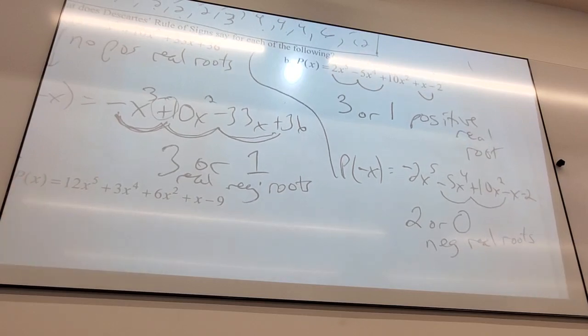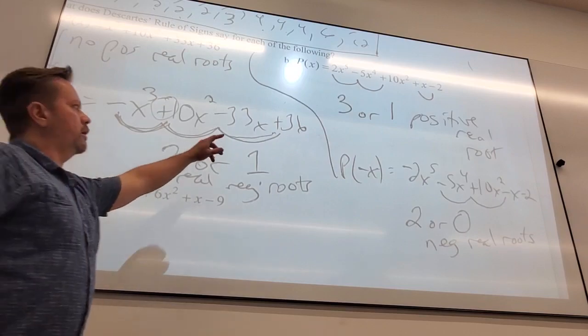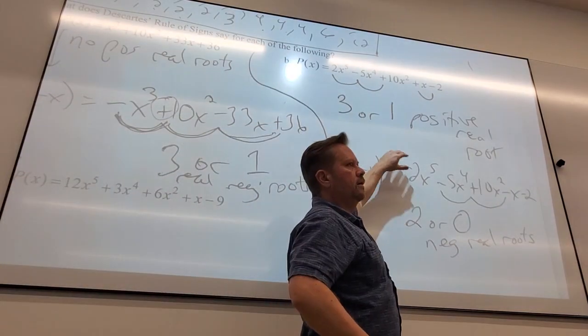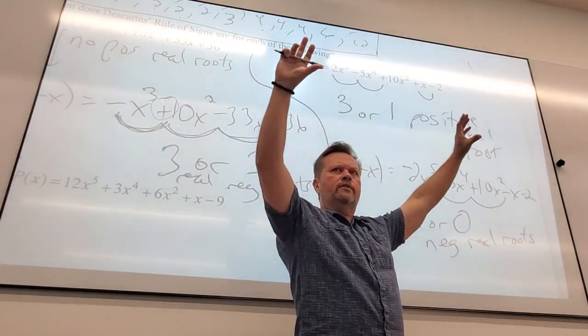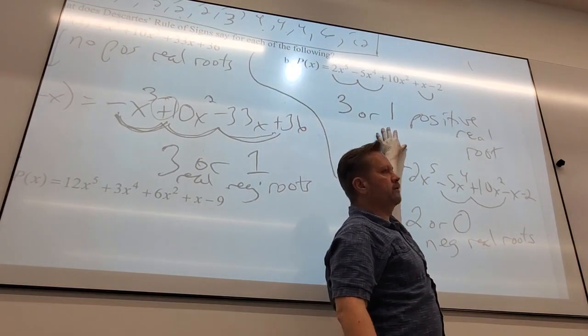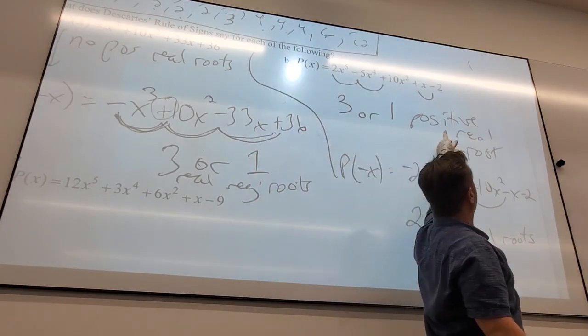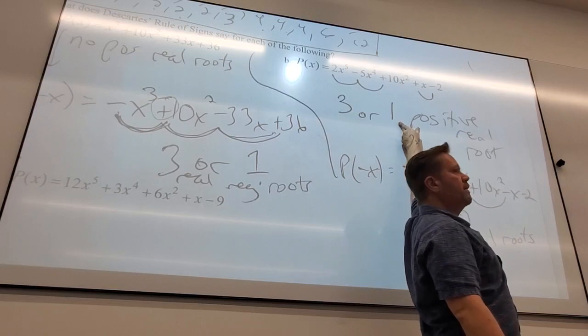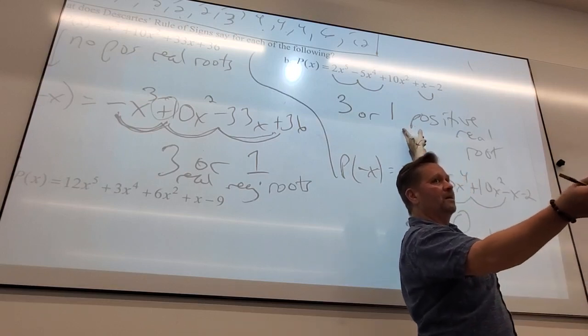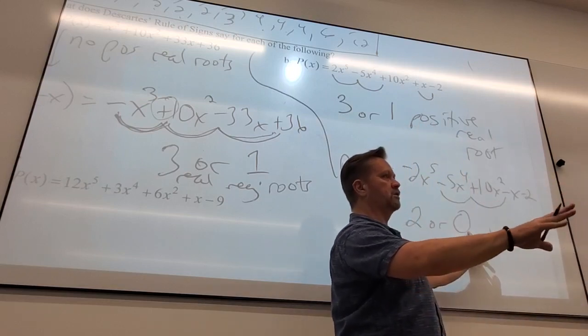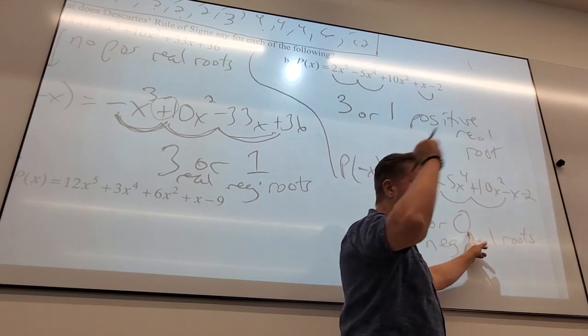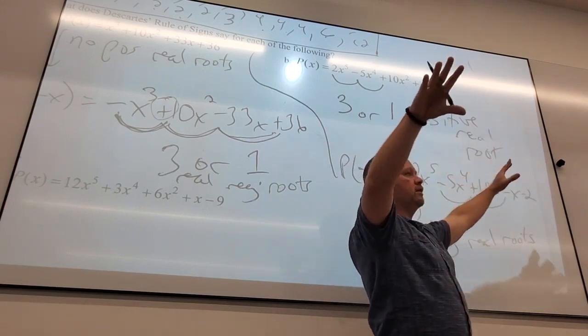So really quickly, just looking ahead a little bit. If you do Descartes and I've got a big list of numbers that I have to try, I'm going to try the positive ones because I'm guaranteed that there is at least one that works. Do you see what I'm saying? There could be none of the negative ones might work, but I'm guaranteed that one of the positive ones will work.